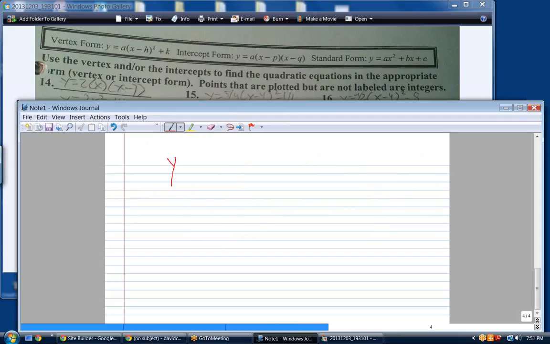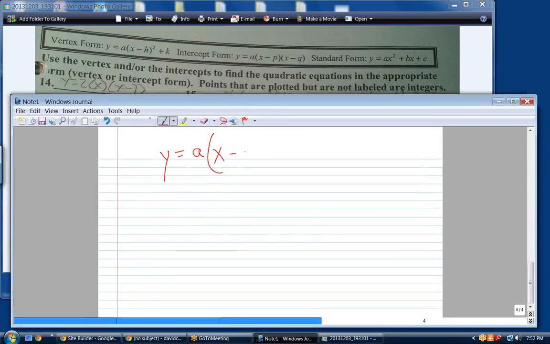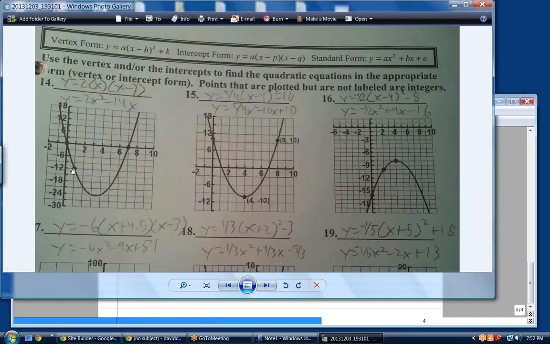In other words, once you decide what format you're going to use, then you put in the first intercept, which was 0, times the second intercept, which was 7. And then you put in the third point that they gave you right here, whose coordinates are 1, minus 12.